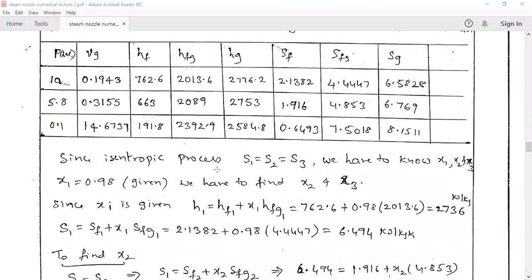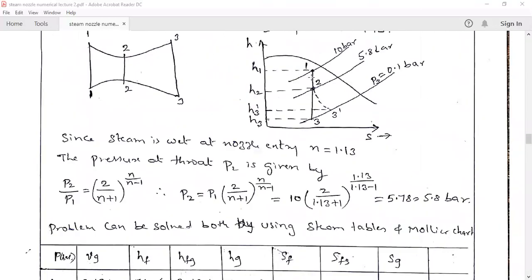Since it is an isentropic process, S1 equals S2 equals S3, we have to know the values of x1, because all these 3 points lie in the wet region. Hence, we need to find out the x1 value, x2 value and x3 value for solving the problem. But the x1 value is already given as 98% dry.